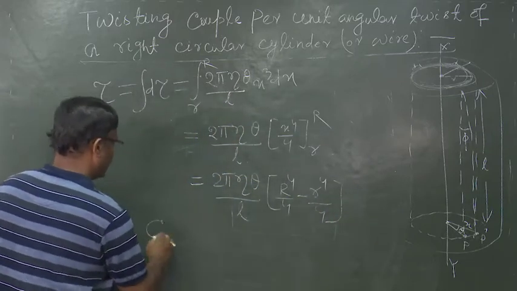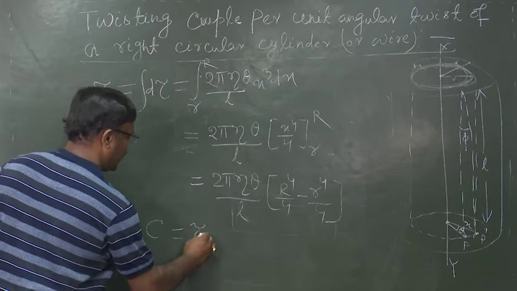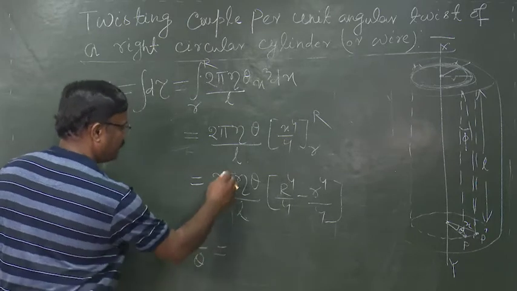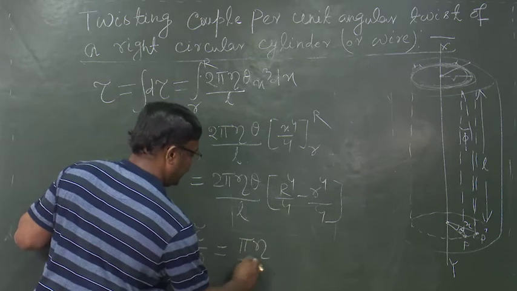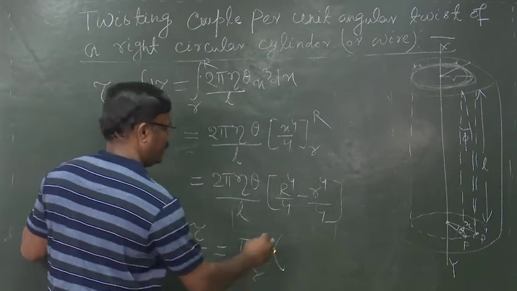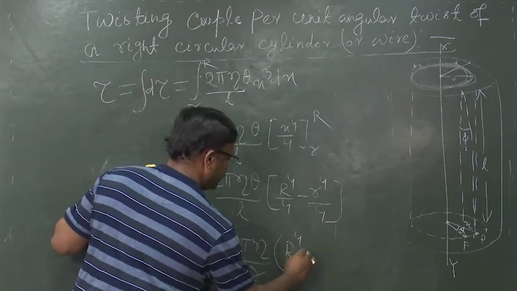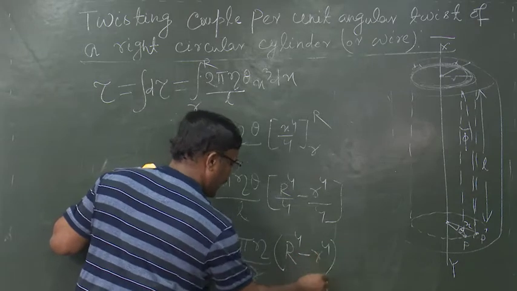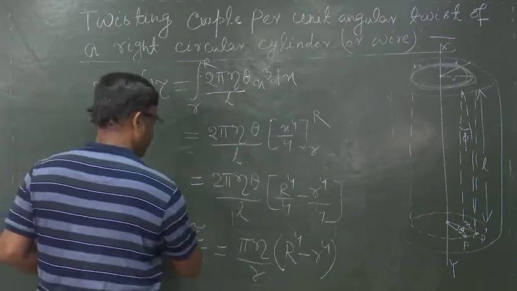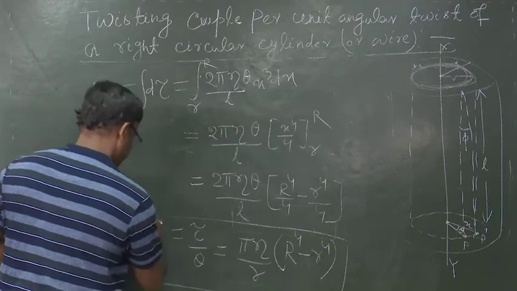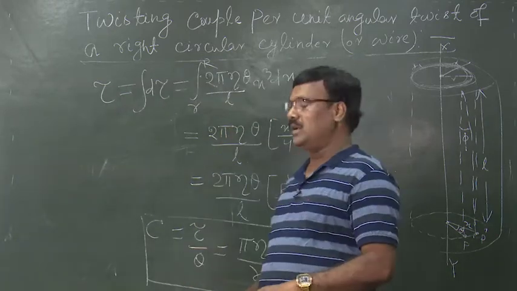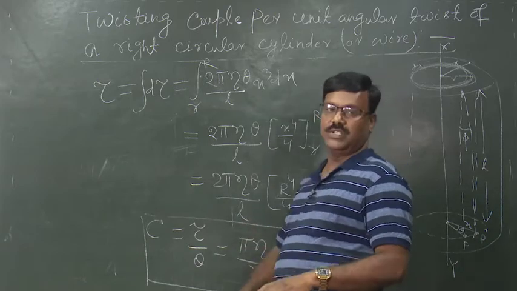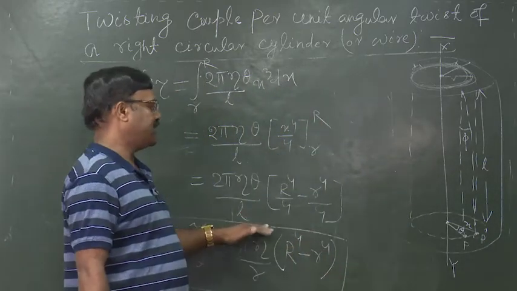So, the torsional couple tau by theta will be written as pi eta by 2L, whole into capital R to the power 4 minus small r to the power 4. This is the expression for the torsional couple per unit angular twist of a hollow cylinder.